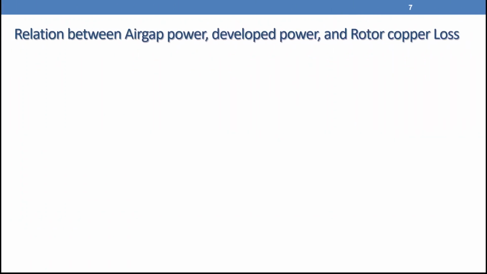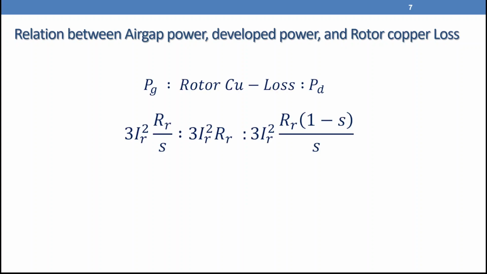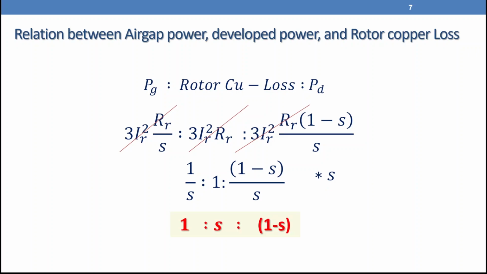Before we end this video, let us look at the relation between air gap power, developed power, and rotor copper loss. As we mentioned in the power flow diagram, the relation between them is 3 I rotor square R rotor over S to 3 I rotor square R rotor to 3 I rotor square R rotor (1 minus S) over S. If we cancel the common factors between them, we find the relation is 1 over S to 1 to (1 minus S) over S. So if we multiply by S, the relation between them is 1 to S to 1 minus S. So now we have a power triangle, P gap, P developed, and rotor copper loss.